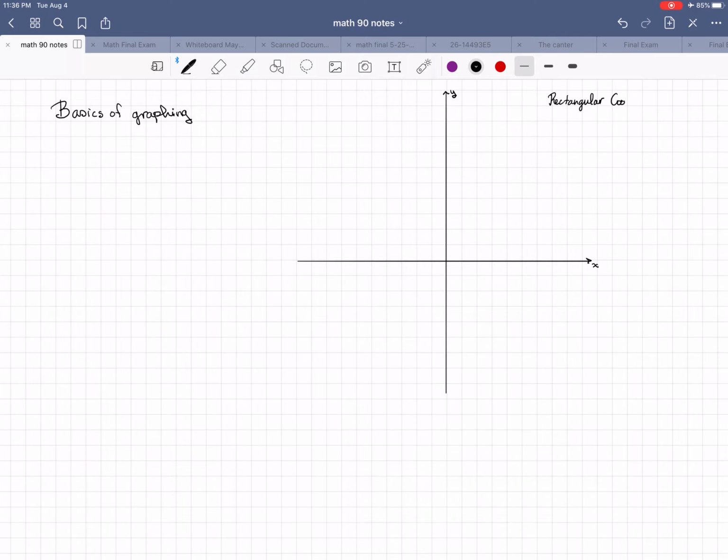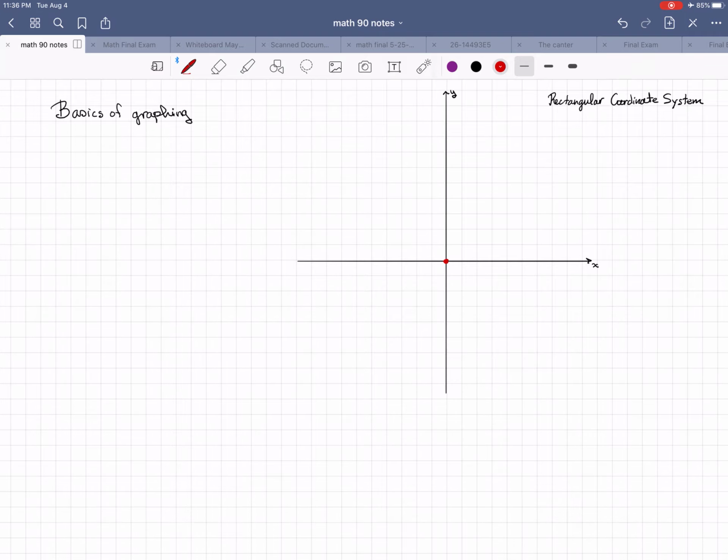So you've got two axes. The x-axis and the y-axis is what they are typically called, although any coordinate system that has two axes, a horizontal and a vertical, is going to be using the ideas of the rectangular coordinate system. I'm going to mark a few points on here just for us to be aware.